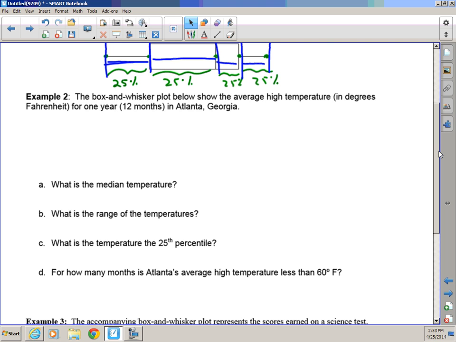Now, I'm going to draw the box and whisker below for you. And we're going to come answer some questions. We're going to count by twos.